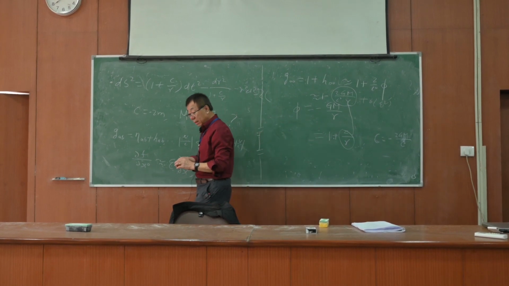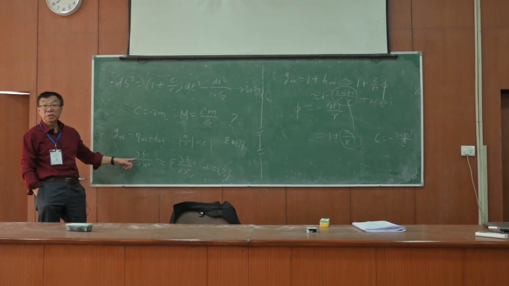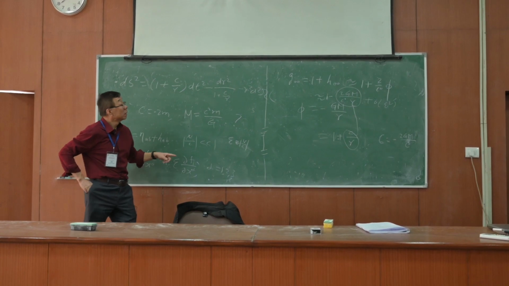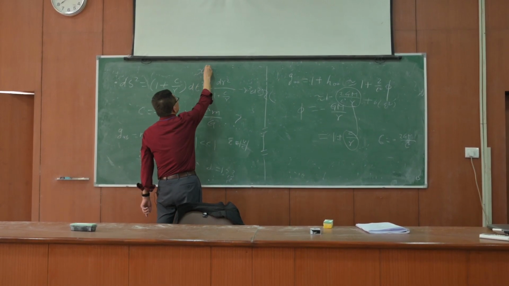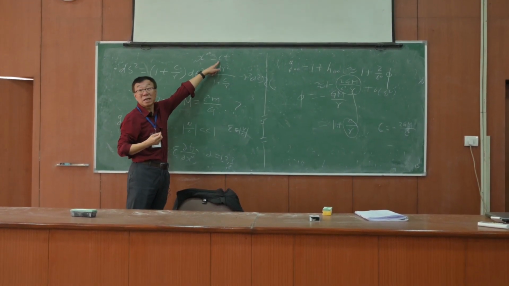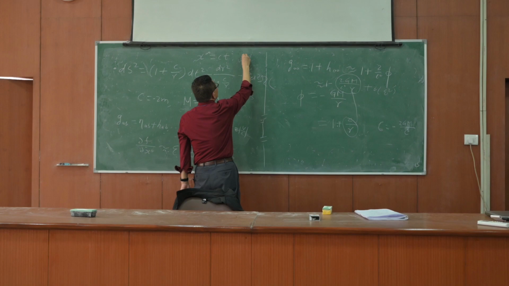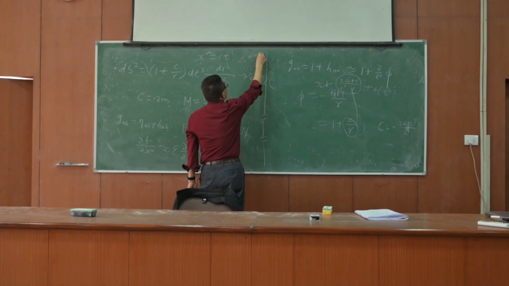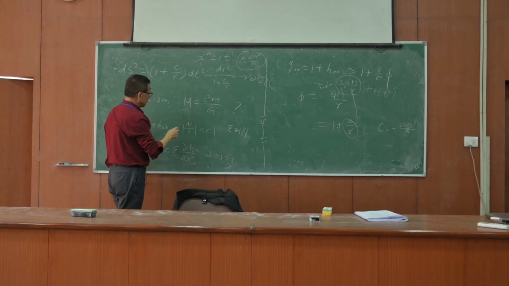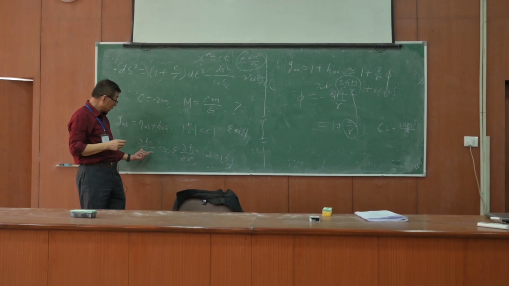This condition is, in my notes, the Newtonian limit: the velocity v is much smaller than c. Remember x^0 equals ct, so that means c is much bigger than v, where v^alpha is about dx^alpha over dt.